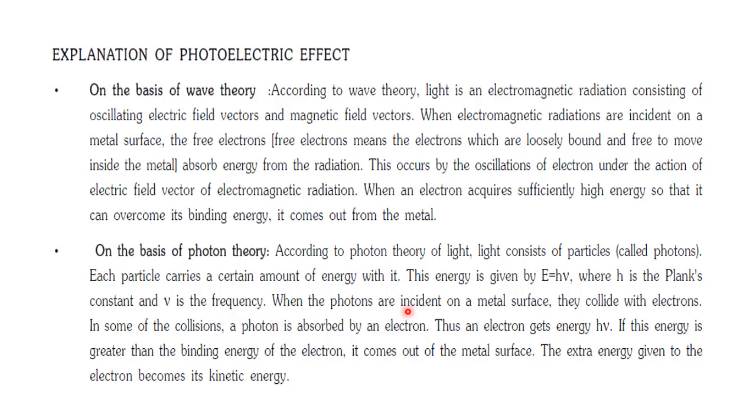When photons are incident on a metal surface, they collide with electrons. In some of the collisions, a photon is absorbed by an electron. Thus, an electron gets energy h nu, and if this energy is greater than the binding energy of the electron, it comes out of the metal surface, and the extra energy given to the electron becomes its kinetic energy.